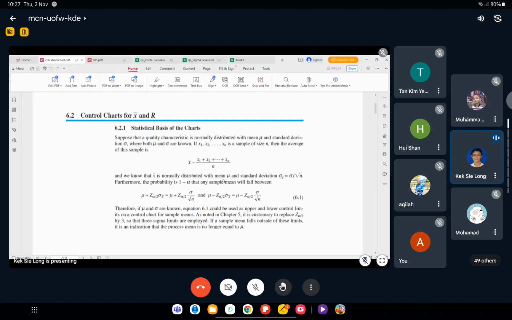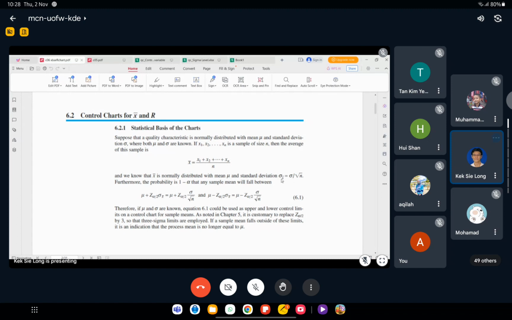The mean given by mu is the population mean, and sigma is called the population standard deviation. Because we do sampling, from the central limit theorem, x bar is equal to mu: the sample mean is equal to the population mean, on the condition that the sample size n is large enough.